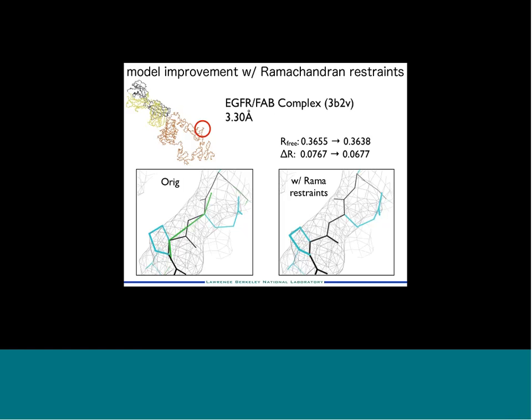It will just cram it into Ramachandran space so that it looks good on the plot, but doesn't make your model any better. It often can make your model worse. And so we don't recommend this other than as a last resort for a particularly difficult problem.